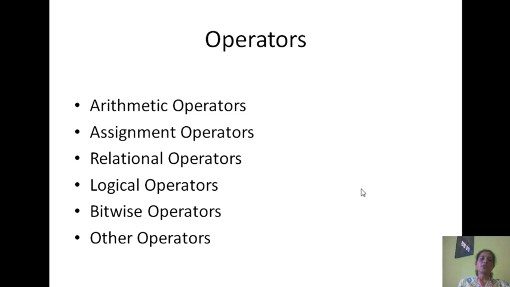Suppose we give one example: if the height of one person is greater than the height of the second person, and the weight of the first person is less than the weight of the second person, then that person is eligible for a particular examination. So with the greater height and lower weight, that person is eligible for the exam.